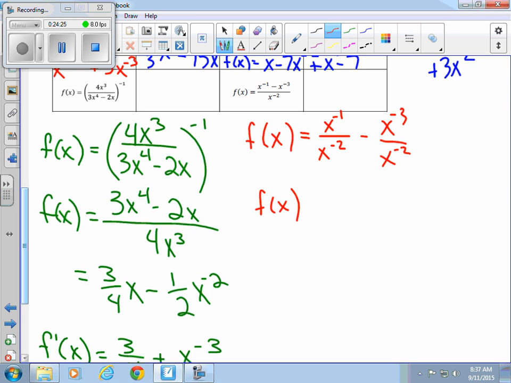What is negative 1 minus negative 2? Negative 1 minus negative 2, which is plus 2. Negative 3 minus negative 2.